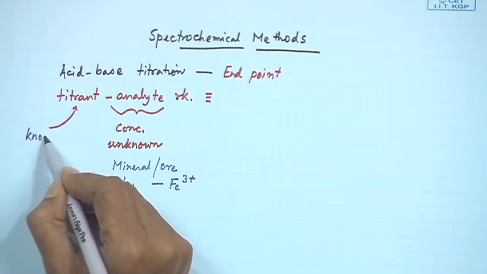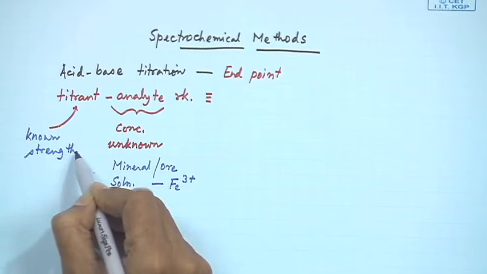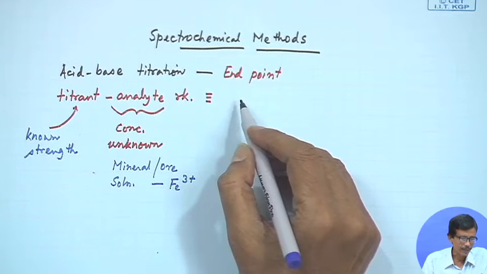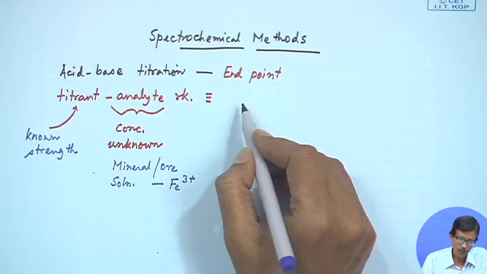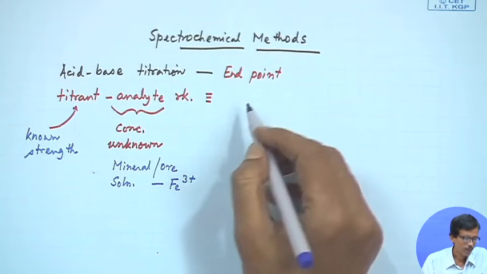So the known strength of the titrant will be utilized, and our basic intention is that you have to use up all the analyte present in this unknown solution.